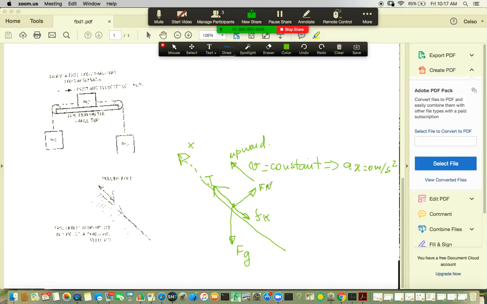As I mentioned to you, I like to call my positive direction the one that matches the direction of motion. Therefore, T has a positive sign, kinetic friction has a negative sign, as well as the weight projected along x. So your mg sine theta also goes the other way. And this must be equal 0.